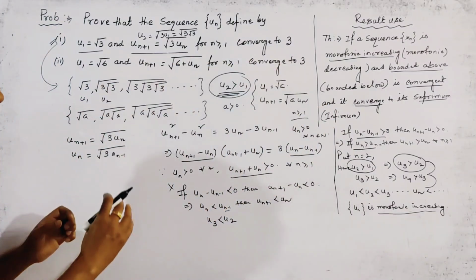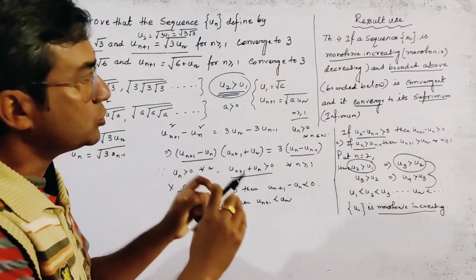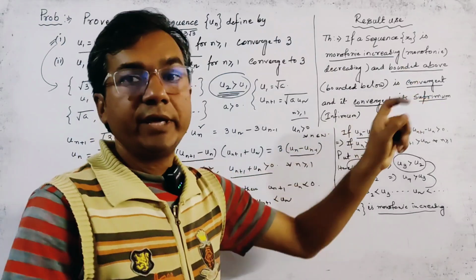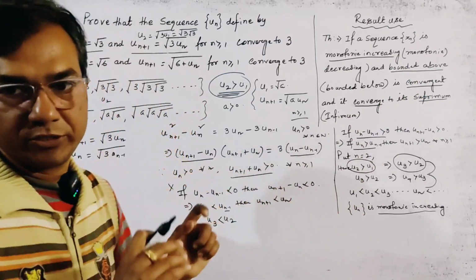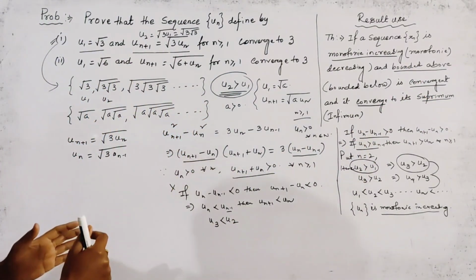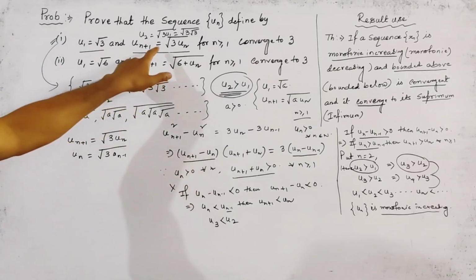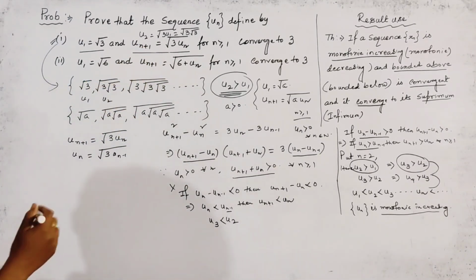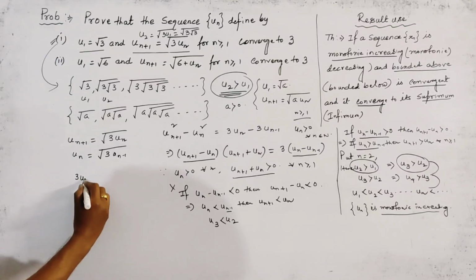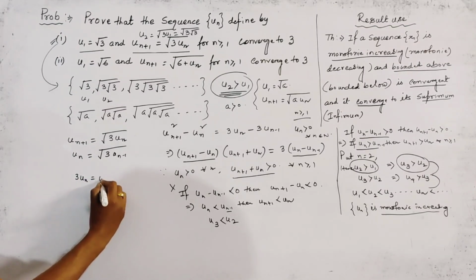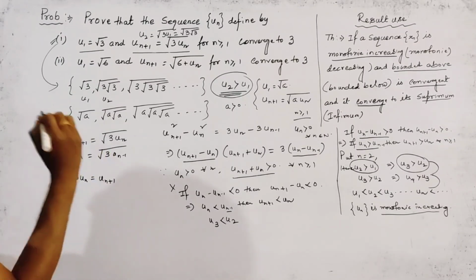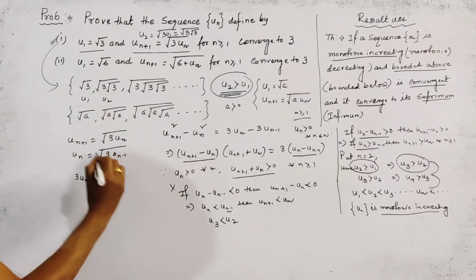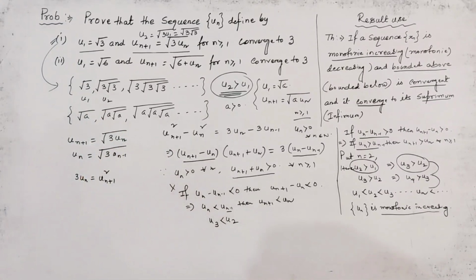Now our task is to show the sequence is bounded above. How to prove it? Again, we use the given condition, squaring both sides, and we write 3un equal to un plus 1 square.